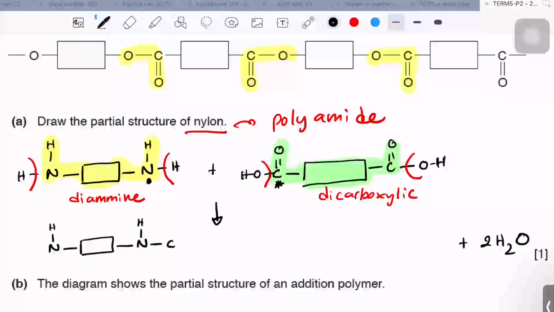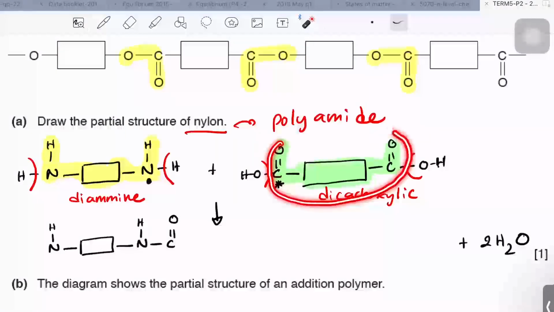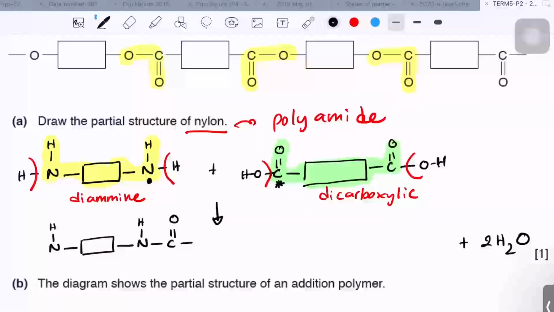So I'm going to combine that nitrogen and carbon. So when they combine, I'm going to start from here and go up to this part. So carbon double bond, there's a box, again carbon double bond. But now this is not complete again. The two bonds from left and right. So nitrogen I need to put a bond, to carbon I need to put a bond. So that is the structure of polyamide. Therefore, nylon.